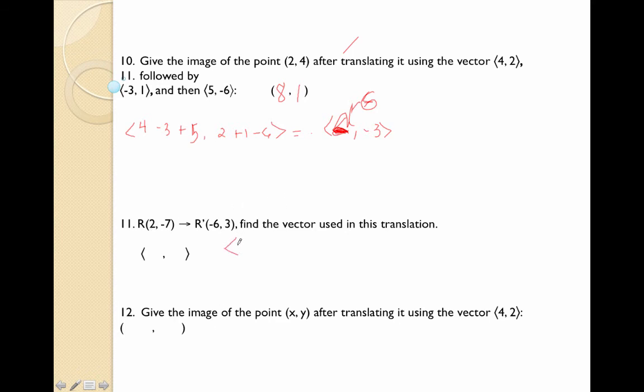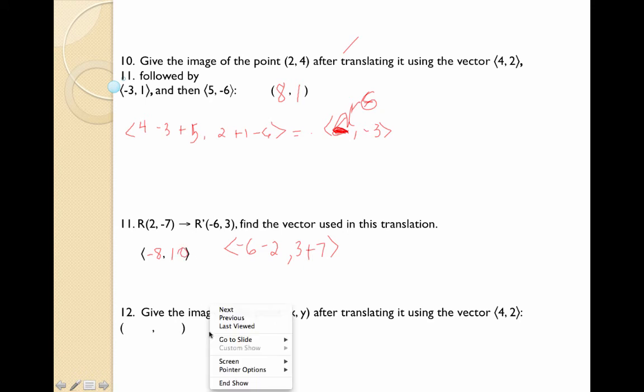So it's going to be negative 6 minus 2, 3 minus negative 7. So negative 8, 10. And then you can check it. 2 minus 8 is minus 6. And minus 7, or plus 10, is 3.